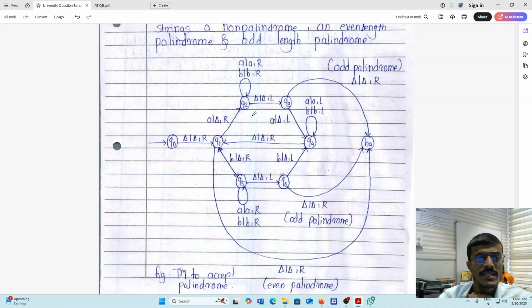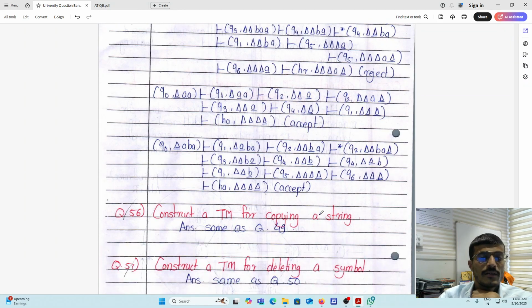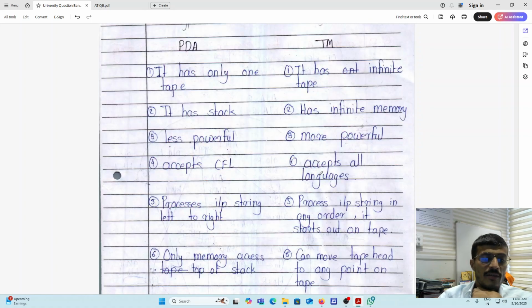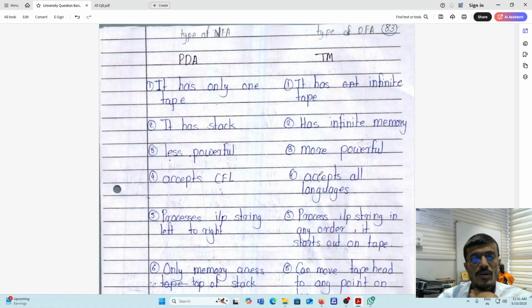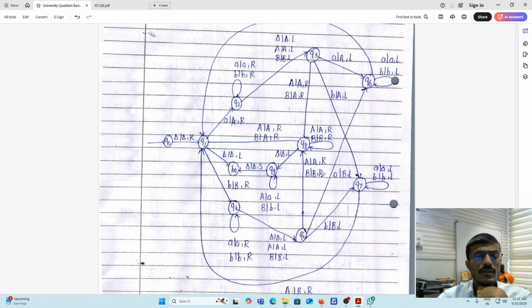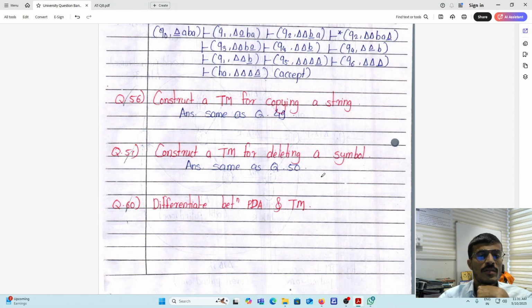Keep in mind this example also: even palindromes and odd palindromes are both accepted here. The copying Turing machine is the same as above in 49, and the deleting Turing machine we have already discussed. So these are the points we have discussed.